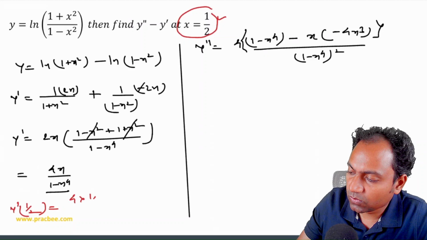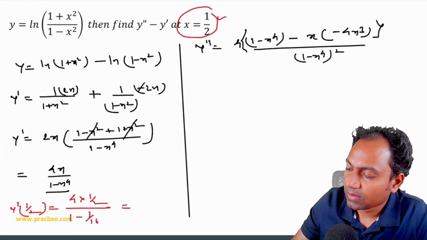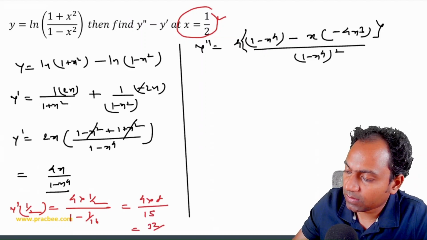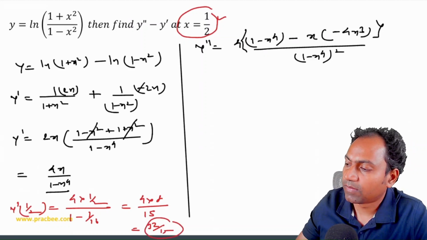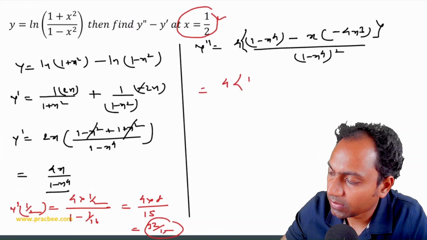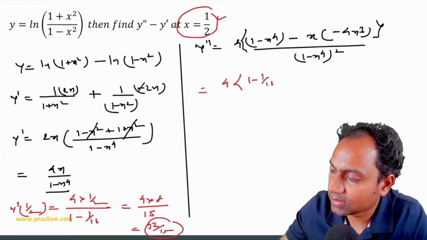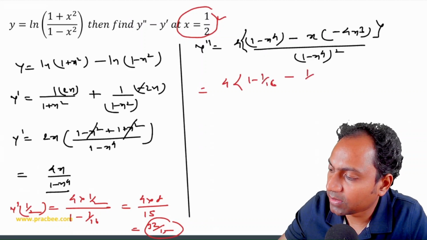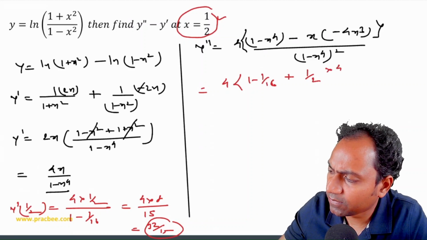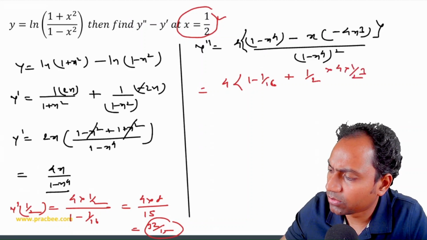So it becomes 4 into 1 by 2, 1 minus 1 by 16. So this becomes 4 into 8 by 15, 32 by 15. If I want to find the value in the next part, I will get 4 into 1 minus 1 by 16 minus 1 by 2 into, plus sign will come, 4 into 1 by 2 cube.